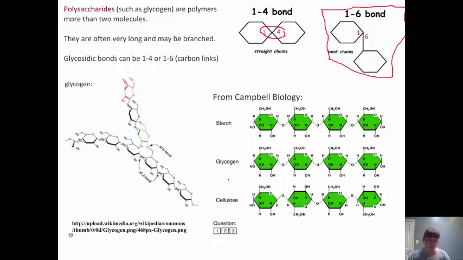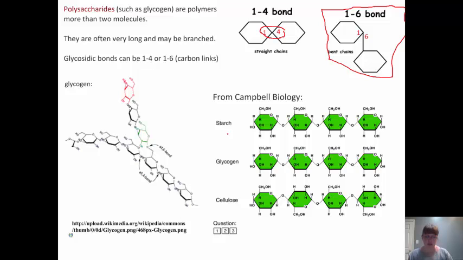This allows the polymer to be straight and to be arranged in parallel lines, with the H bonds, and that's going to give strength to the cell wall. Think about laying cellulose on top of each other in nice straight lines. That's going to give lots of strength to the cell walls.